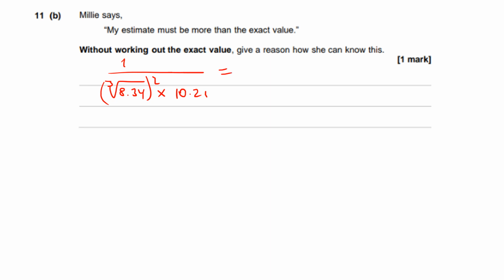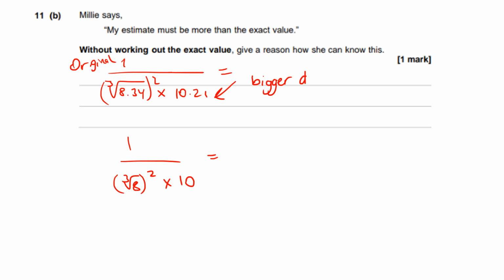So when you rounded it, you actually ended up with cube root of 8 squared times 10. So the original one has a bigger denominator, and this one's got smaller denominator.